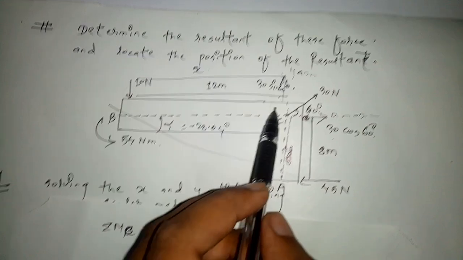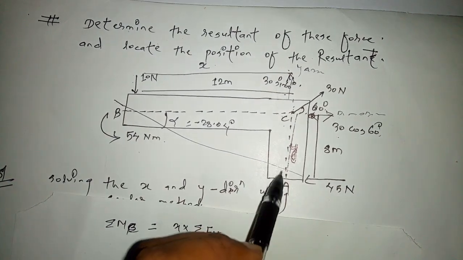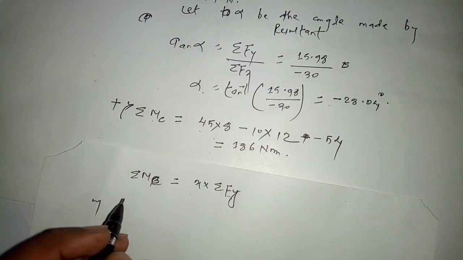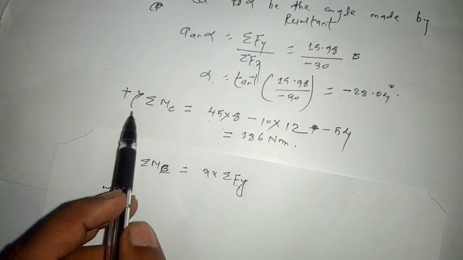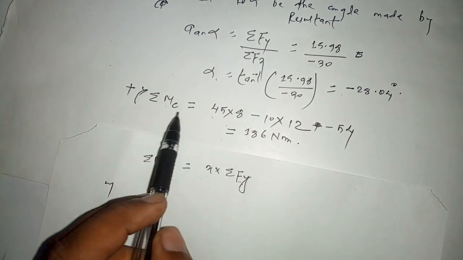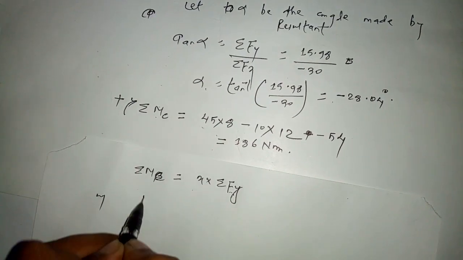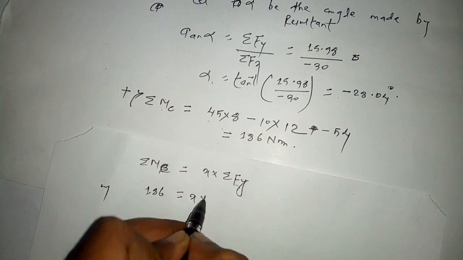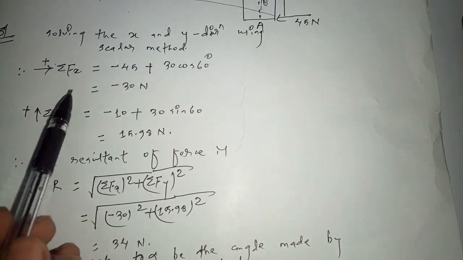If we have to find out the value of y, then we have to write Fx. Look guys, we have already found the value of MC, which is 186 newton meter, into x into the summation of Fy, which is 15.98.